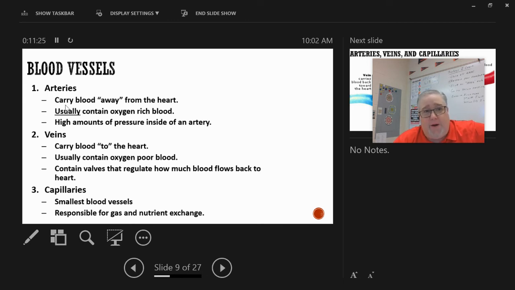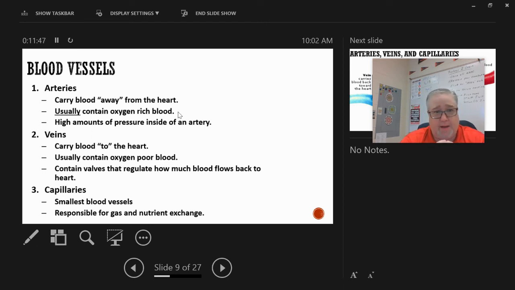Arteries typically carry your blood away from the heart. We'll talk tomorrow or the next time I see you about how your heart functions. But arteries are carrying blood away. Usually, that blood is oxygen rich. Usually, there is an exception. We'll talk about it when I get into the heart.